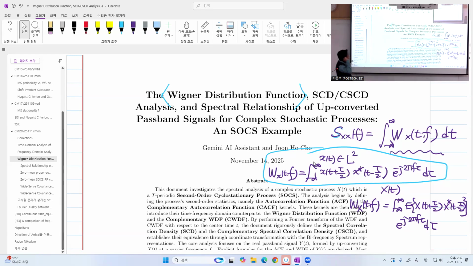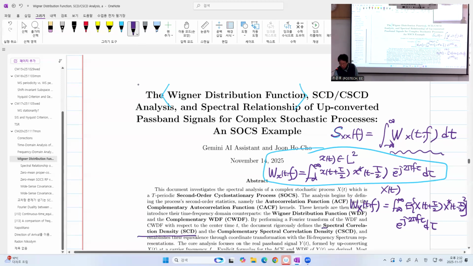In order to do that, we will think about the power spectral density, Wigner spectrum, and also the so-called spectral correlation density, here termed SCD, and complementary spectral correlation density.